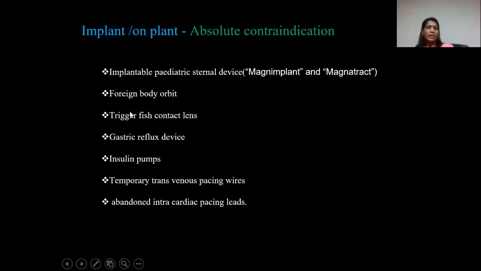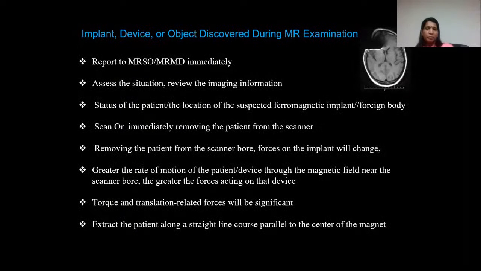Also foreign body in the orbit, contact lenses, gastric reflux device, insulin pumps, temporary transvenous pacing wires, and abandoned intracardiac pacing leads. These are all absolute contraindications for MRI.